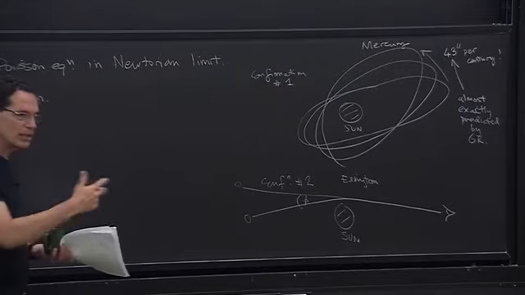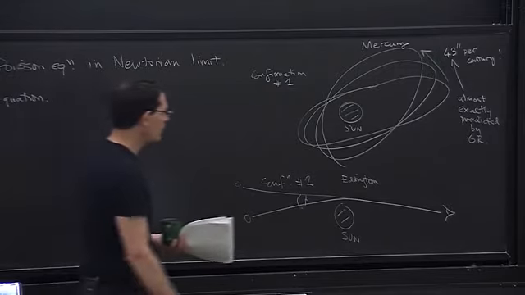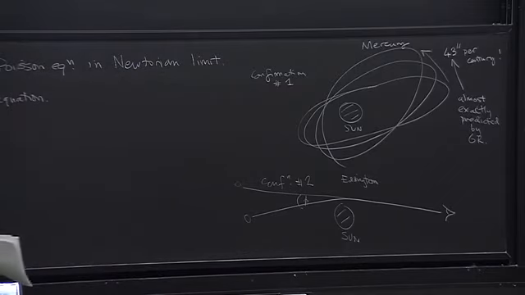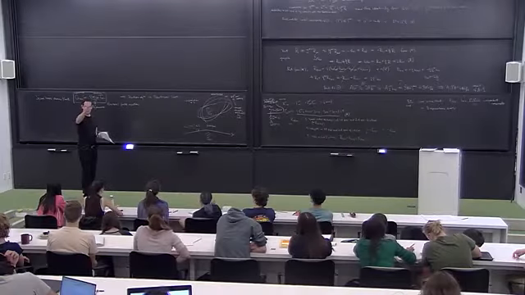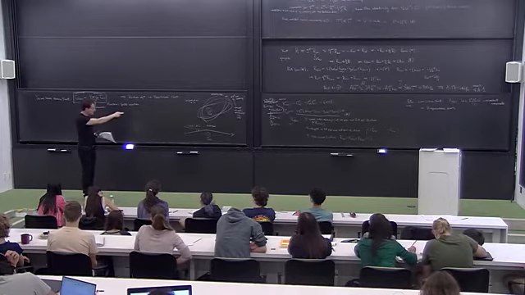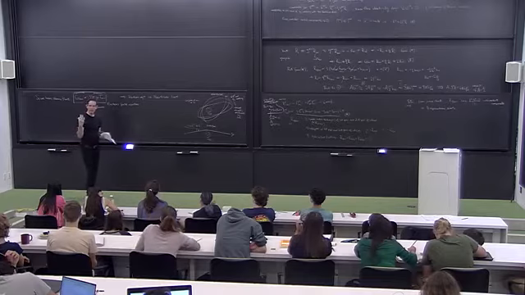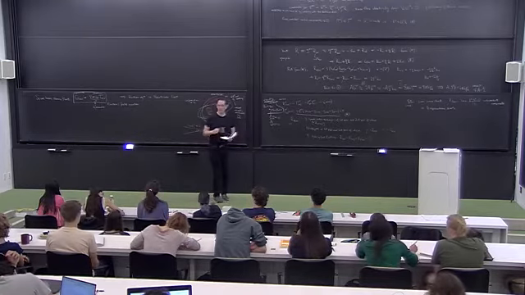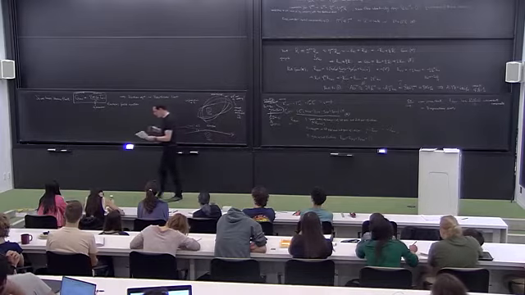Eddington also did an expedition to West Africa in order to see a solar eclipse. During the eclipse, he watched the position of the stars next to the sun, and indeed he measured the bending of light. There was a very dramatic confirmation, I think it was in 1920 or thereabouts, of that prediction.